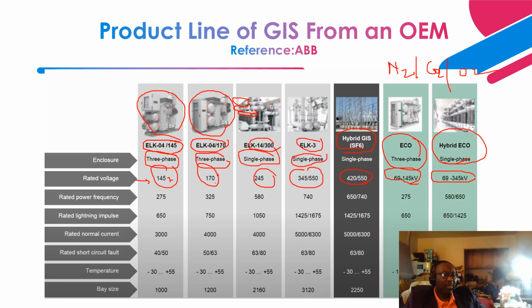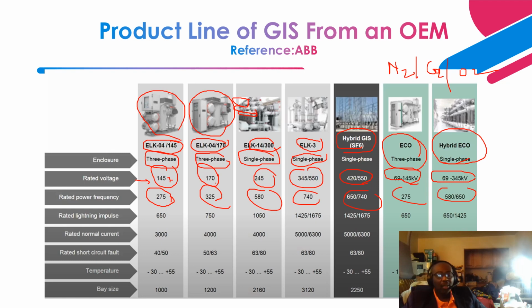Next is the rated power frequency voltage, which covers overvoltage conditions. This is the withstand of 275 kV for all these product lines, as you can see over here. Next is the ability to withstand lightning impulse surges.